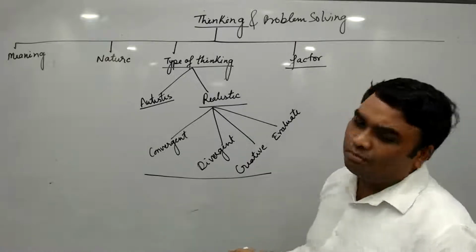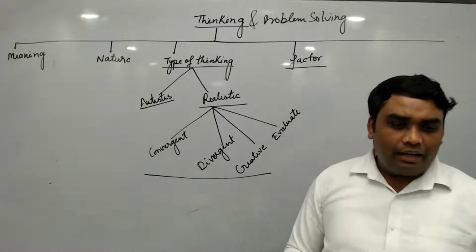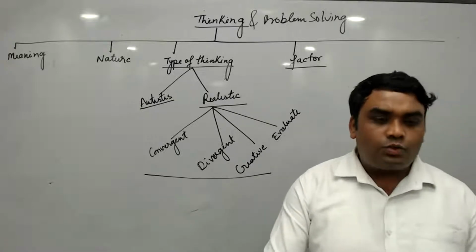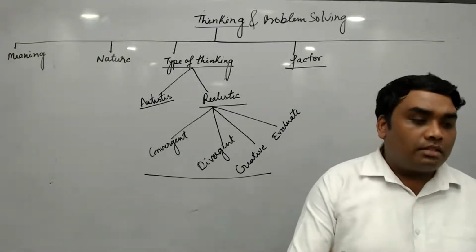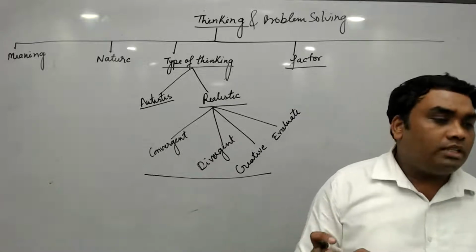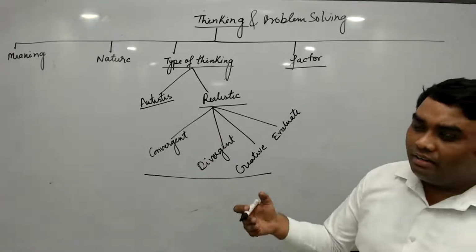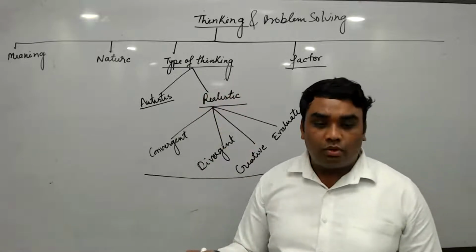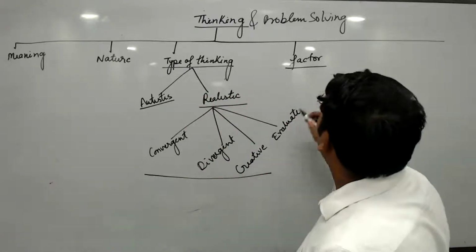And theories are not important. In the thinking topic some theories are there but they are not too important, and they are written in high-level psychology books, otherwise not important.